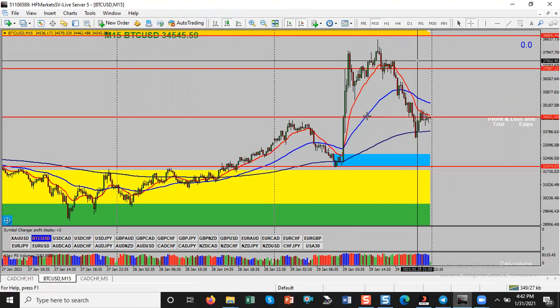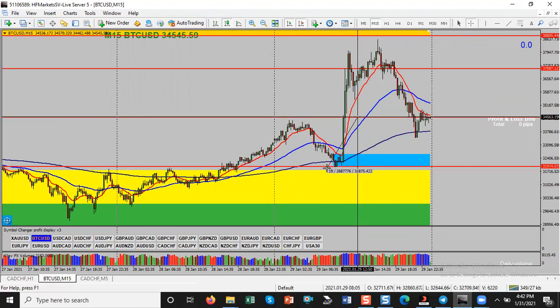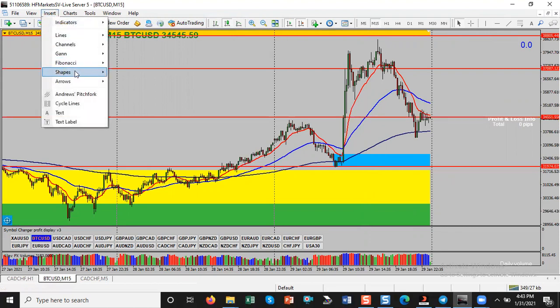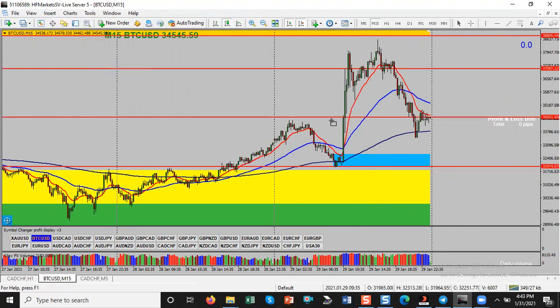So if your stop loss is going to be here, I'm not going to use it to calculate, let me use the box. For example, if your entry is going to be here and stop loss here, we are looking to have this, which is 1 to 2 risk to reward ratio.